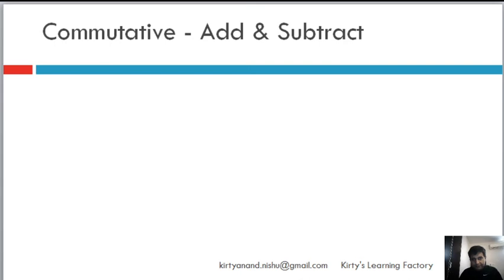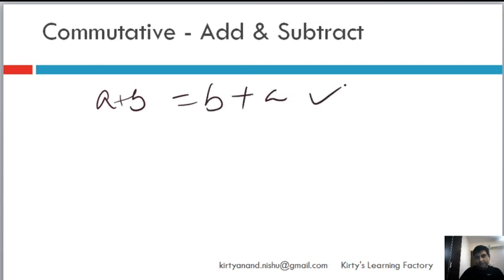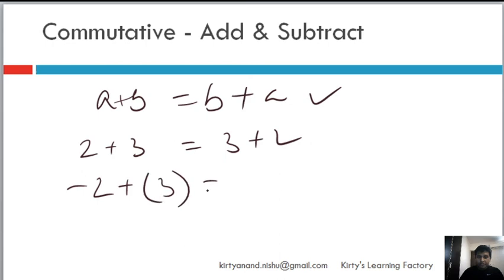Okay, sorry. So basically, commutative means that a plus b is equal to b plus a. That is right when we are adding two integers. So 2 plus 3 equals 3 plus 2, minus 2 plus 3 is also equal to 3 plus minus 2.